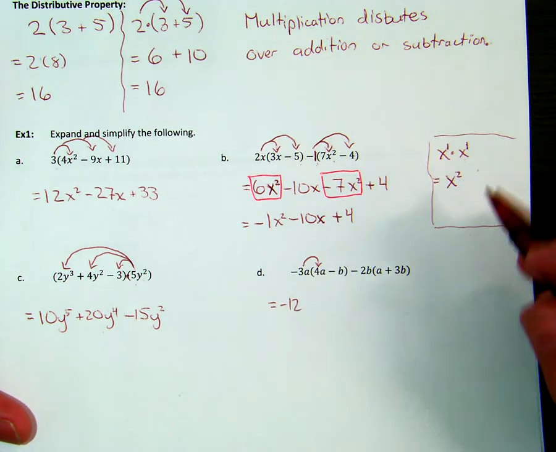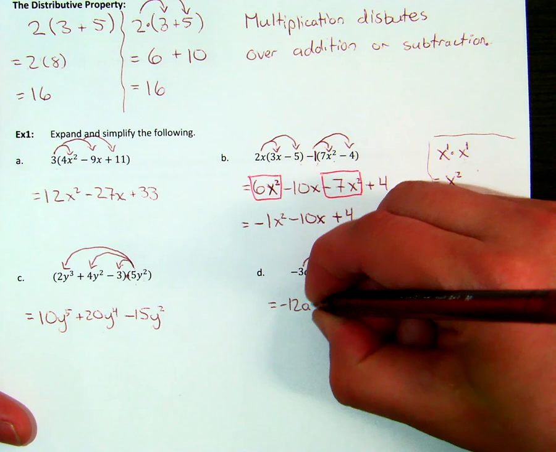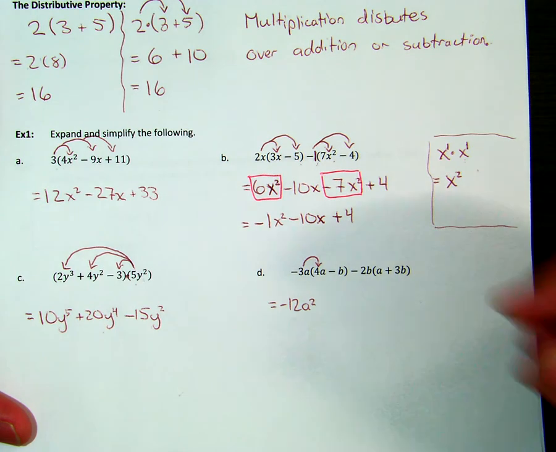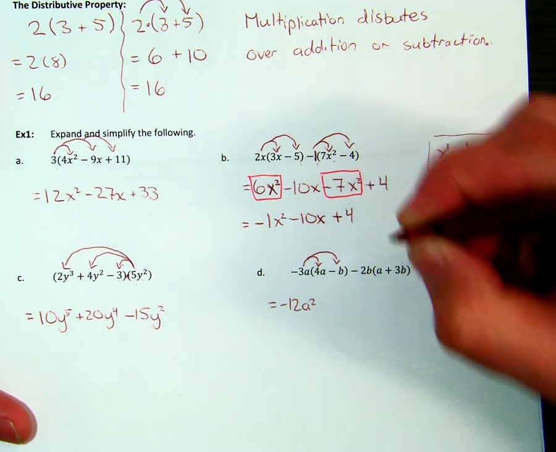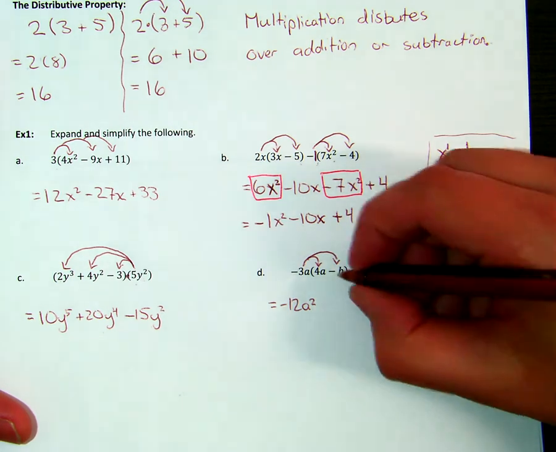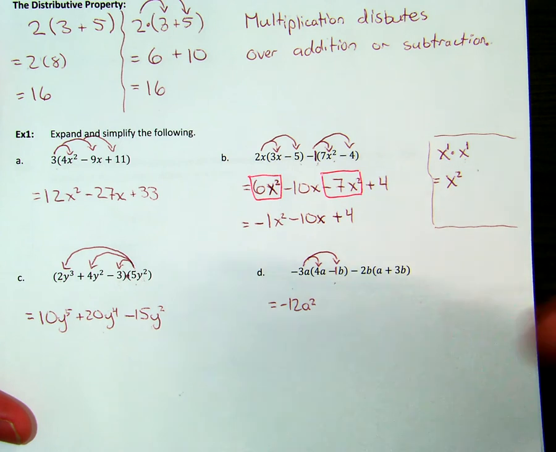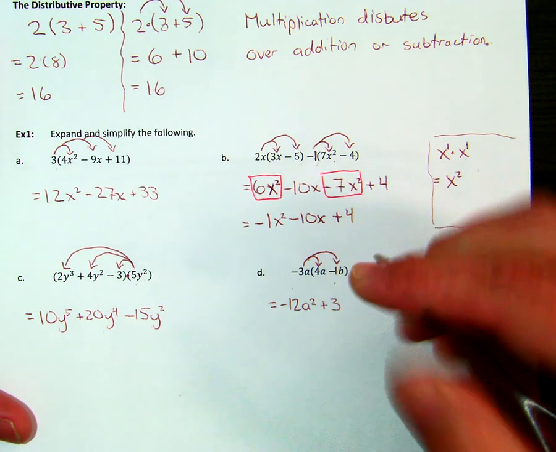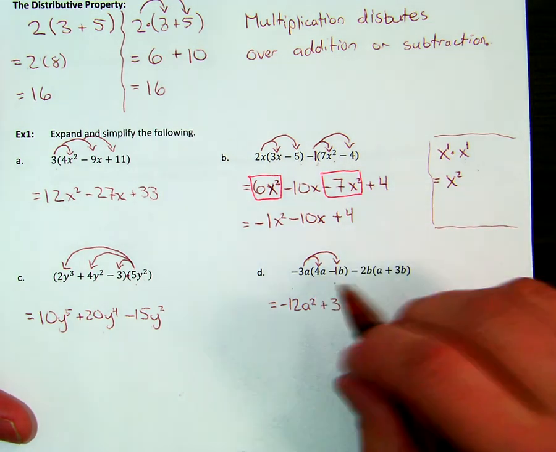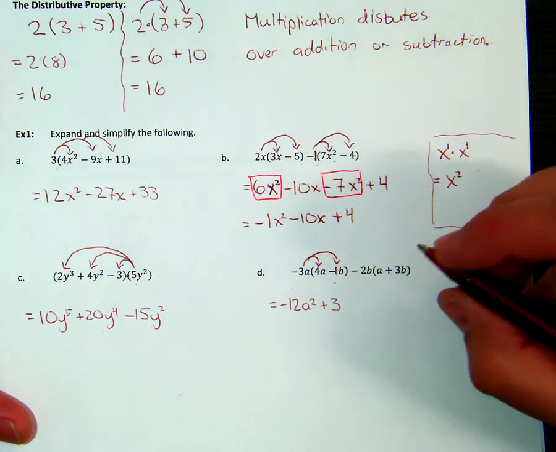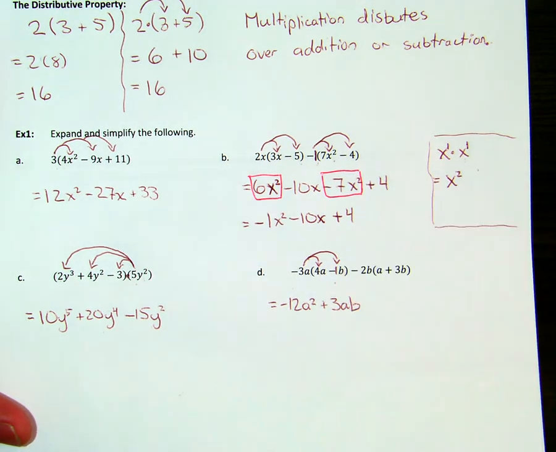A times a, just like the x times x, would be a squared. Then I go negative 3a times negative b. Negative 3a times, this is a 1 in front. Negative 3 times negative 1 would give me positive 3. A times b, those are not the same base, so there's nothing I can do there. I'm just going to write 3ab.